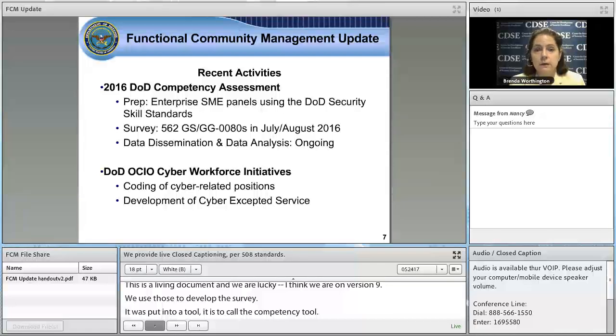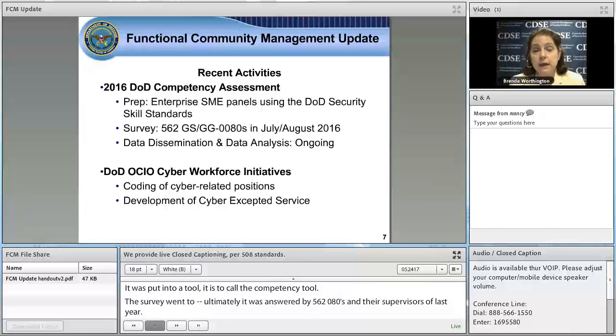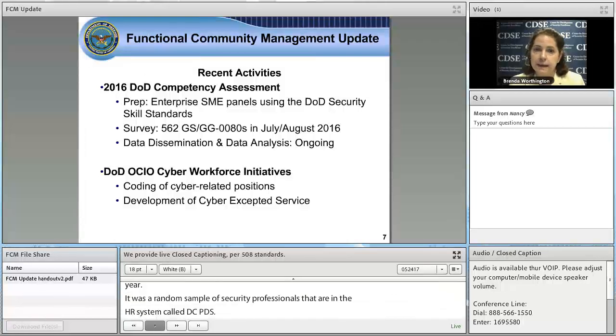It was a stratified random sample of security professionals that are in the HR system called DCPDS. They received an email and were asked to participate in the survey. It was purely voluntary. It was explained to the folks that this was not a performance measure or performance management tool, but just to help keep our workforce moving forward regarding our competencies, and maybe lack of competency as well.